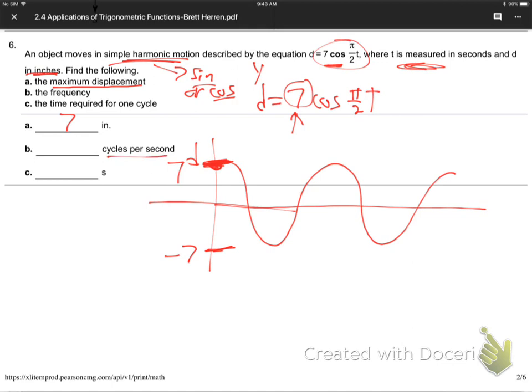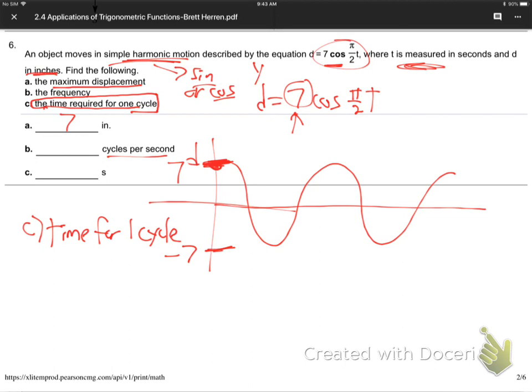Okay, next question. How many cycles per second? And then C, time required for one cycle. Let's jump to C first, and then B will be easy at that point. Question C, time for one cycle.